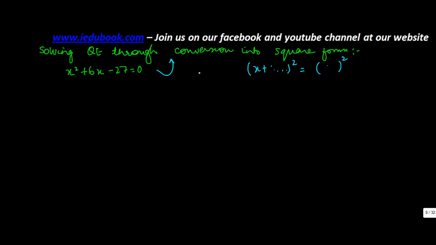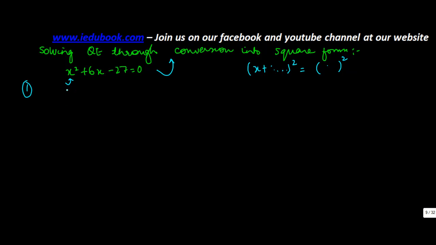Now to start with, it might seem as to how do I achieve this? But to do this, there are certain simple steps that one needs to follow. The first step is make x square a perfect square.